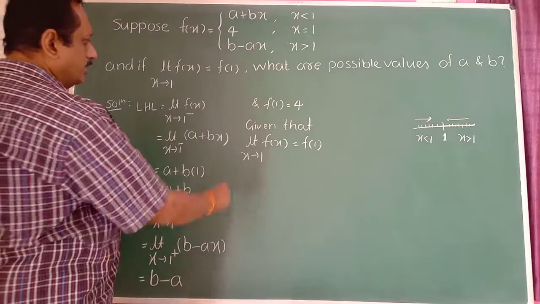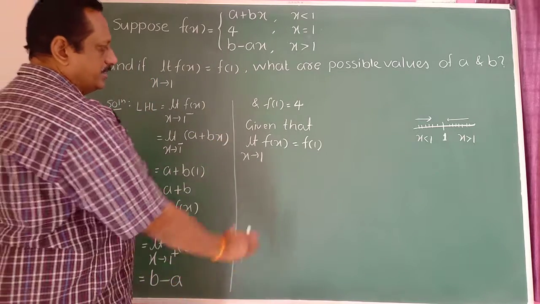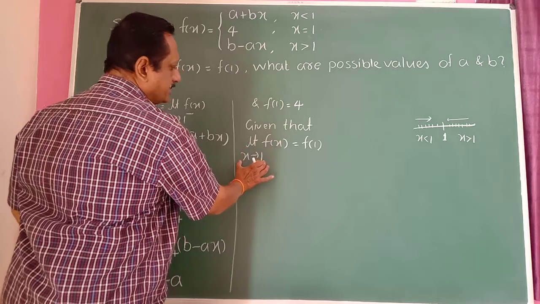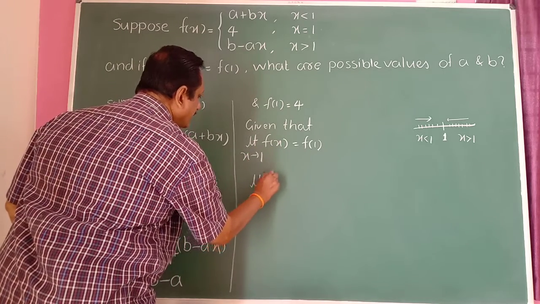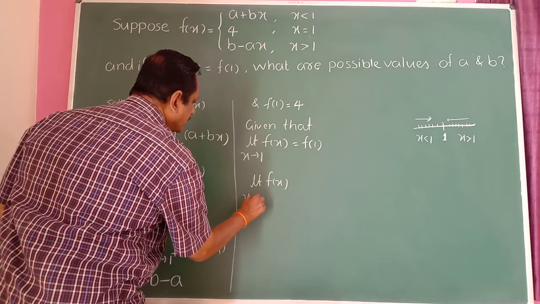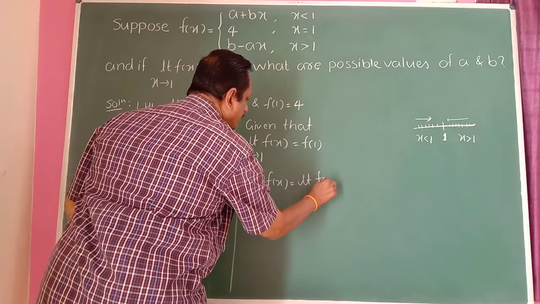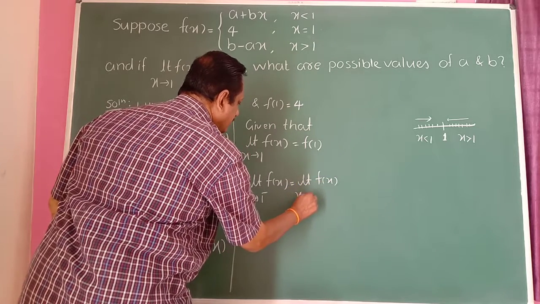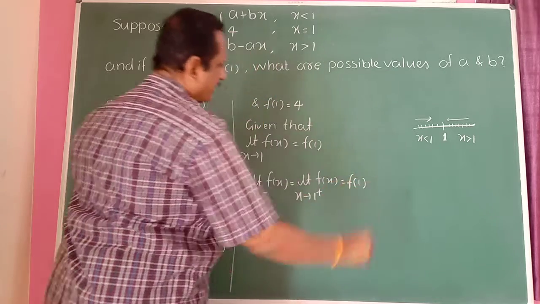And you know that the limit exists when LHL and RHL both are equal. Limit of f of x as x tending to 1 exists when the left hand limit and right hand limit both are equal. Limit f of x as x tending to 1 minus is equal to limit of f of x as x tending to 1 plus is equal to f of 1 here.